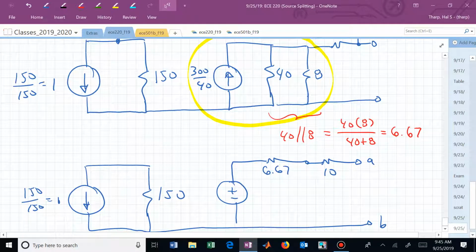Isn't that now I times R? I was the 300 over 40, which is actually 7.5. So let me write this as 7.5 times the 6.67.